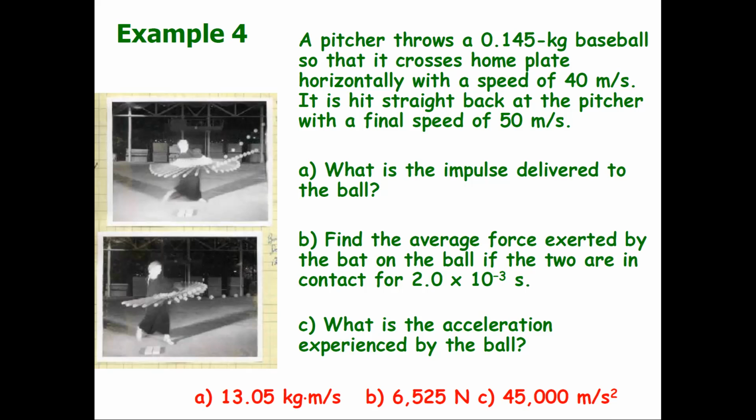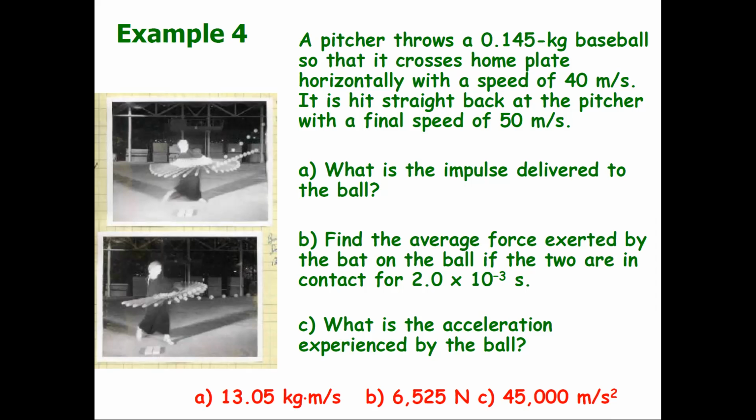We have m1v1 and m2v2. When you do the calculations, the difference in the two momenta is what gives you the impulse. So straight away you realize that the change in momentum comes to 13.05.